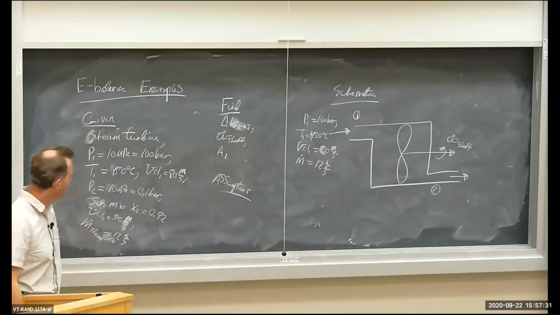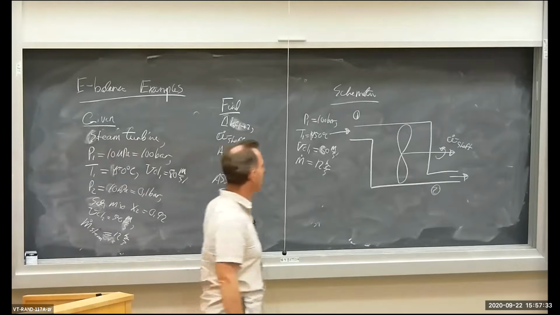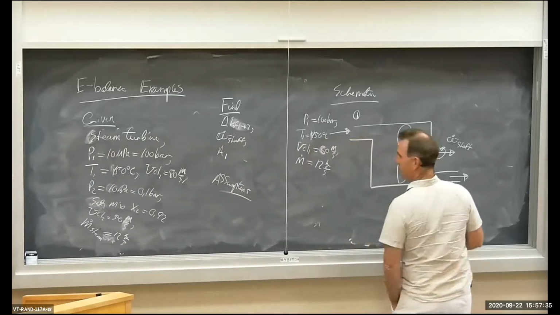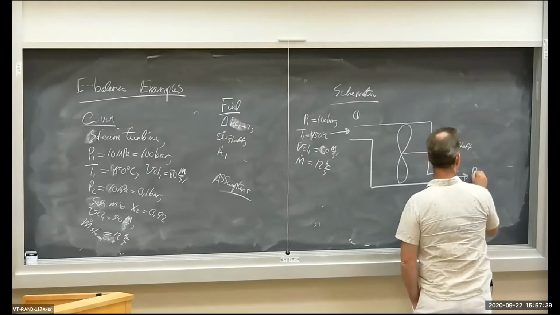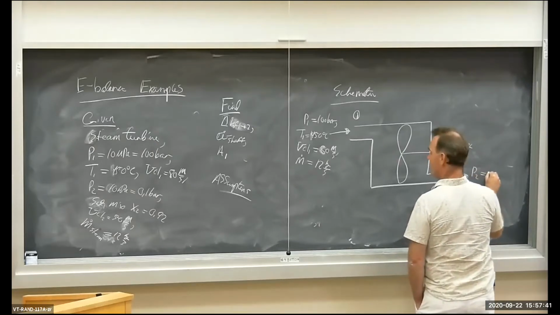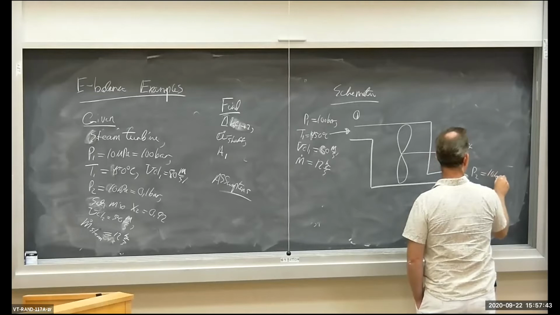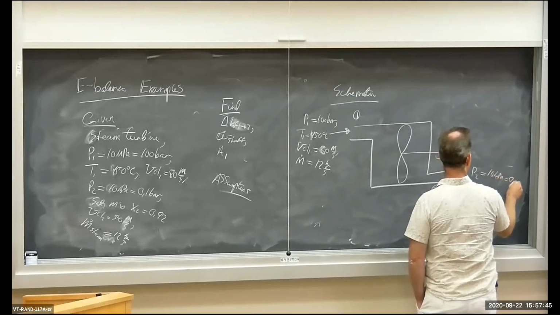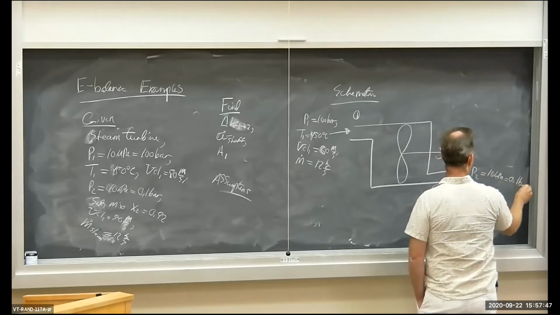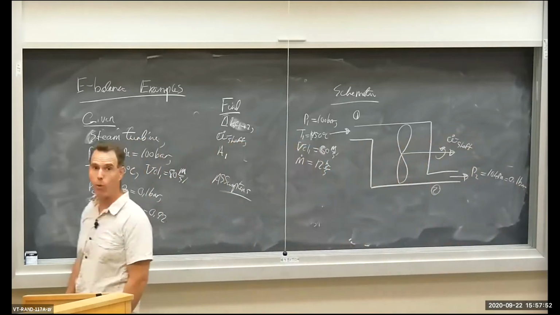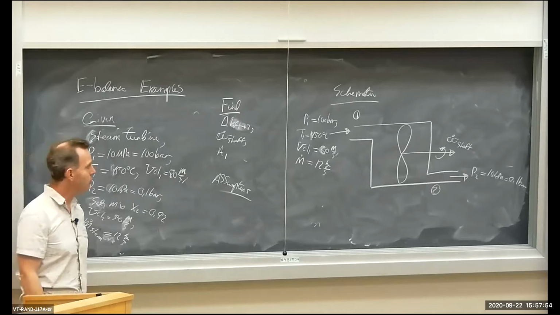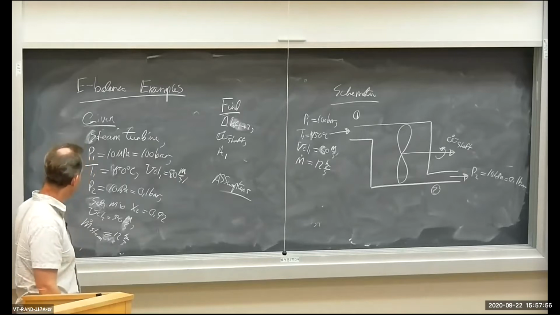Now, the turbine extracts some energy from the flow, and as a result, our outlet pressure falls. P2 is down to 10 kilopascals, which is 0.1 bar. So pressure falls from 100 bar down to 0.1 bar. 1,000 times pressure has gone down.